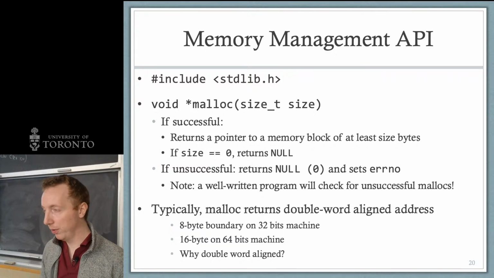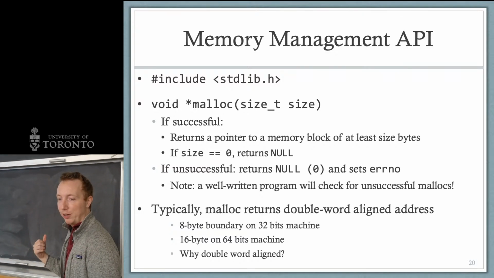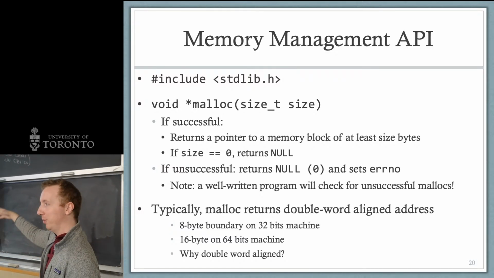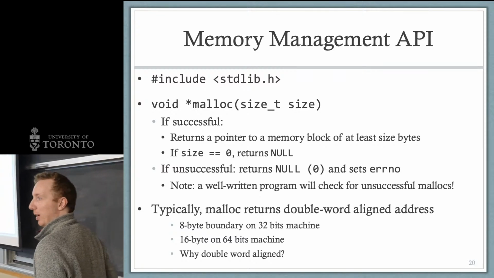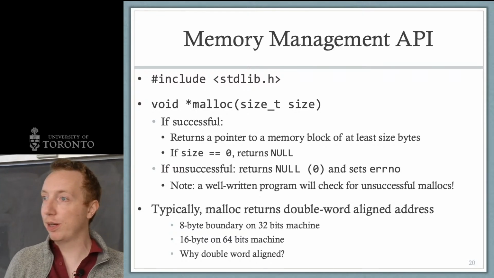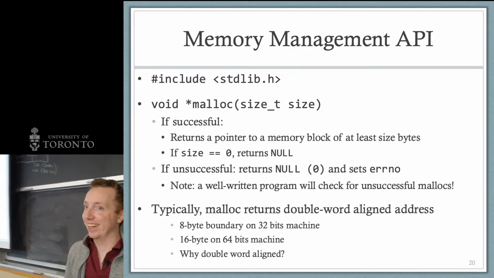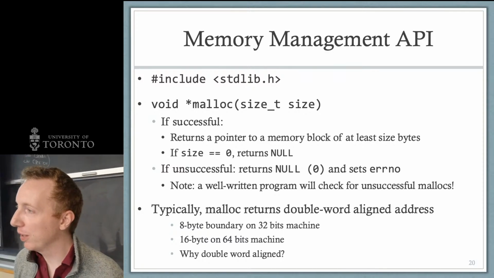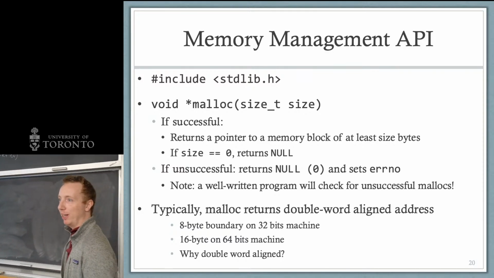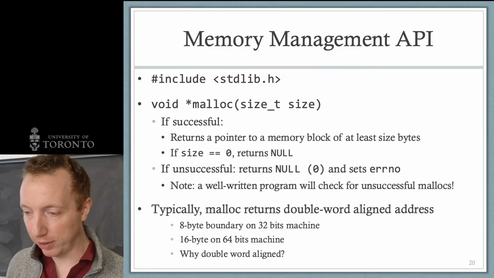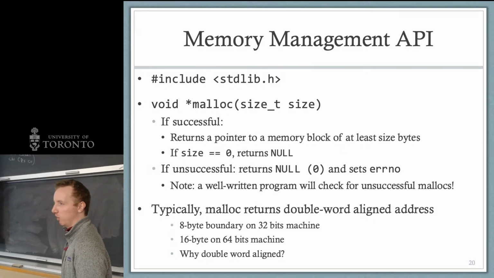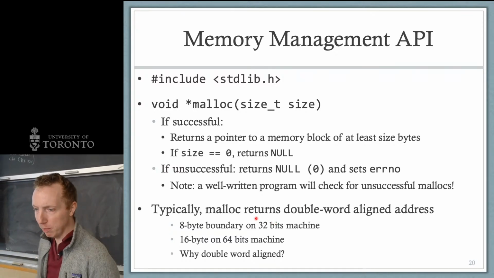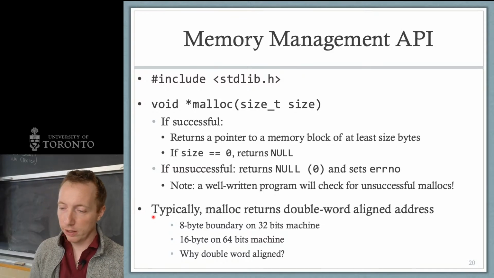If it's unsuccessful, it returns null, sets errno, and if you have written your program well, you check for malloc errors. Everyone checks for malloc errors, just like everyone checks for errors from printf, correct? Yeah, that's what I thought.